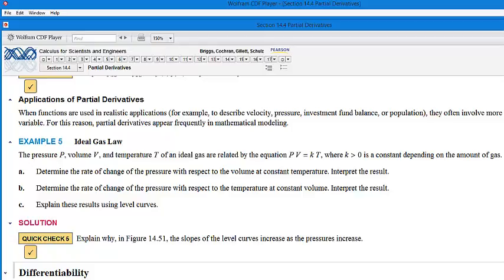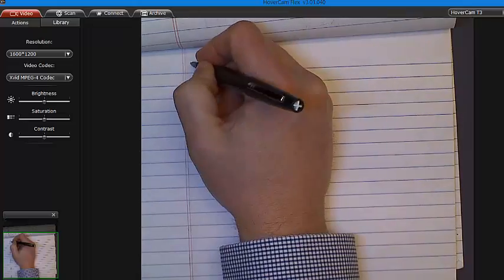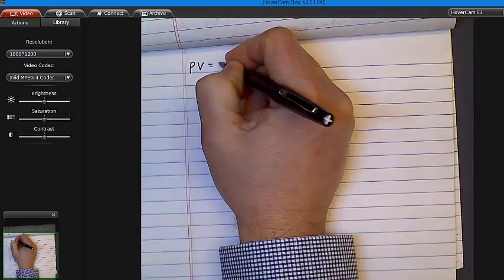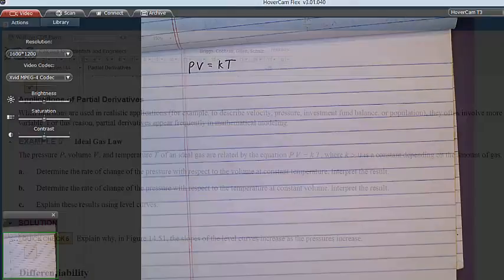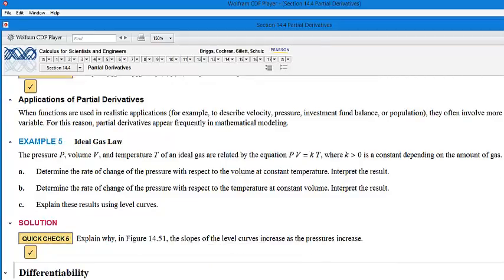This is a really nice exercise. So I'm going to start just by writing down the formula. And then it says rate of change, part A, of the pressure with respect to the volume.